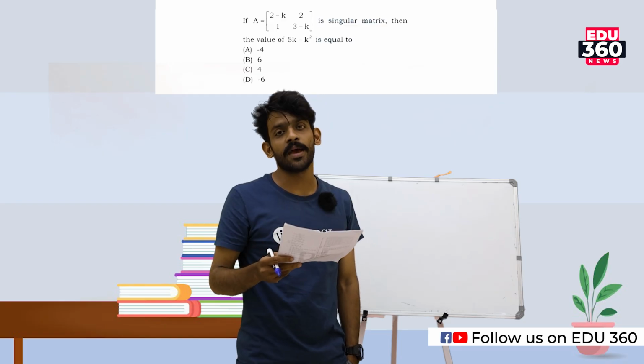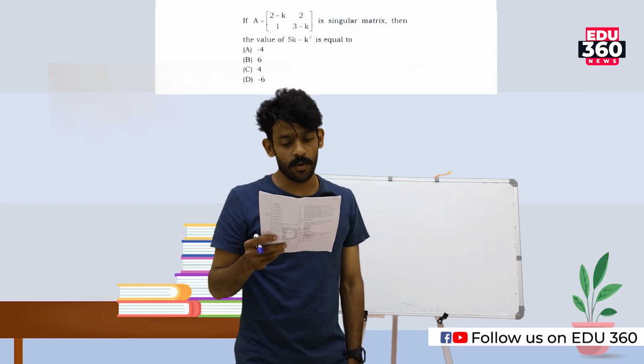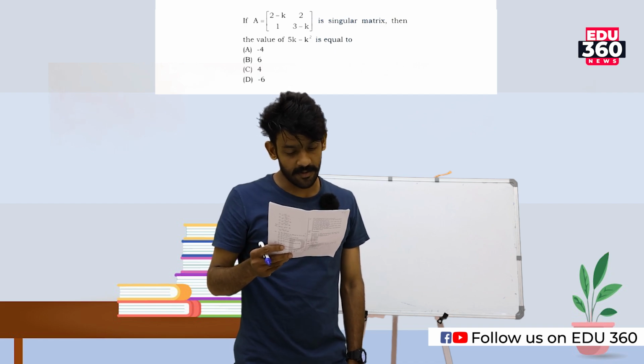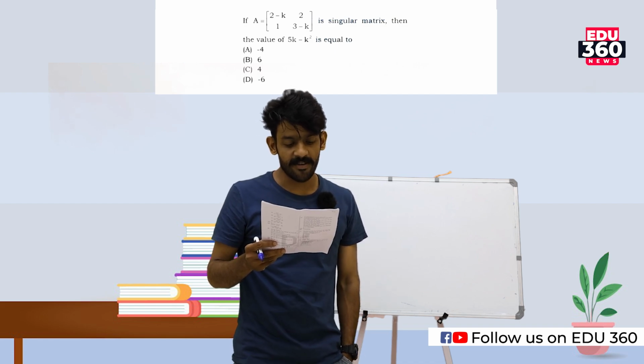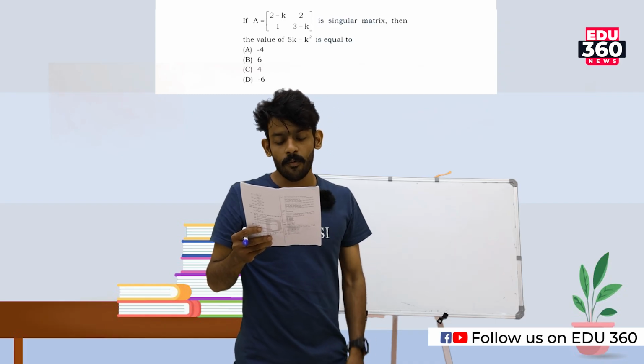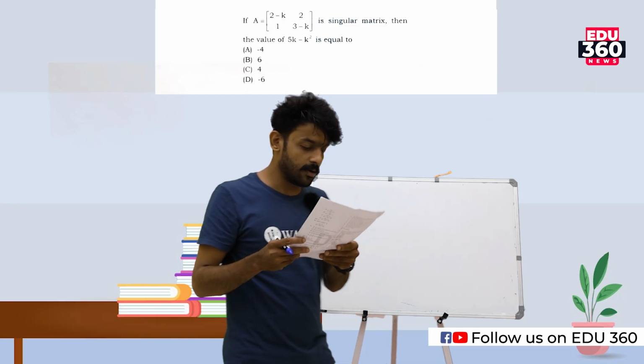So my dears, now we can move to the next question. The question is: if A is a singular matrix, where the first row is 2 minus k, 2, and the second row is 1, 3 minus k, then the value of 5k minus k square is equal to.